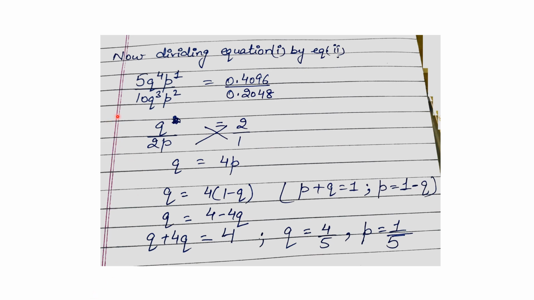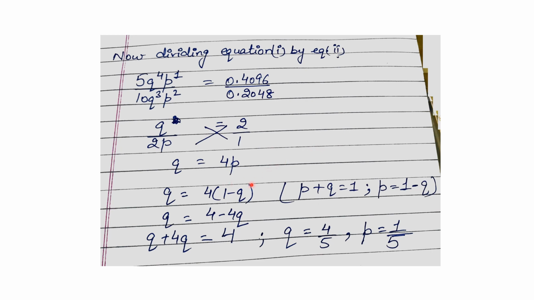Now after making necessary calculation, you will get the values like this. q is equal to 4p. This is the remaining equation after solving, after making necessary steps. You will get this, q is equal to 4p.